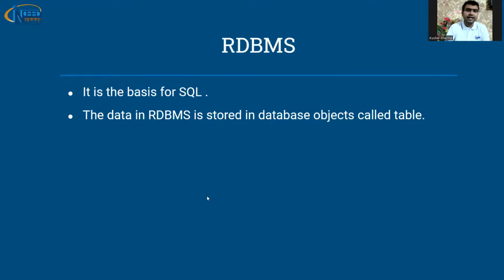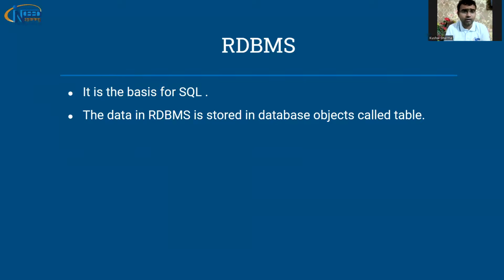Now let us move ahead and try to understand what is RDBMS. So RDBMS is Relational Database Management System. RDBMS is an example of database which stores data in the form of rows and columns. That is basically a table. And RDBMS is something which is actually used with SQL, because if you have SQL and if you don't have RDBMS, then where will you be using it?